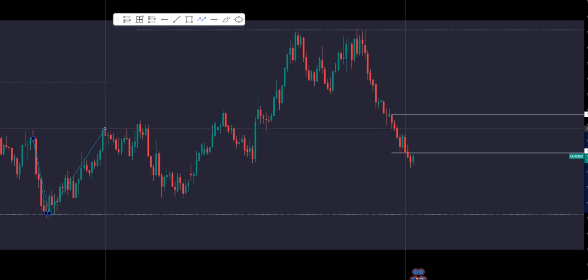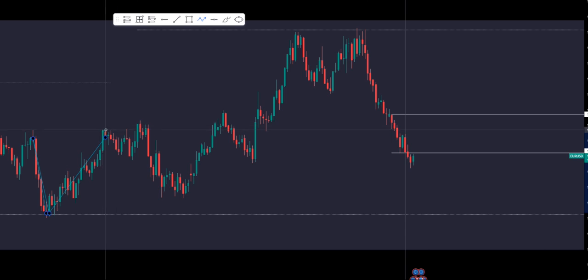Maybe the price or the big institutions try to push the market right here and make a deep pullback right here, because in this area we are still bearish. We're not bullish until we break this lower high and we retest it to continue to the upside.